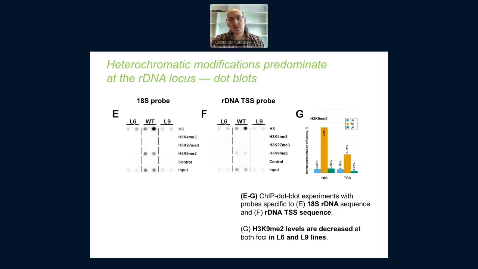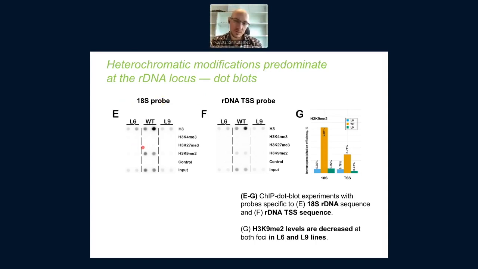We also analyzed some epigenetic modifications, both bioinformatically and by dot blot analysis, like ChIP with consequent dot blot detection of various positions along the RDNA locus.